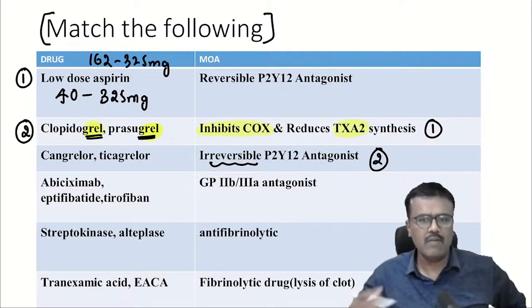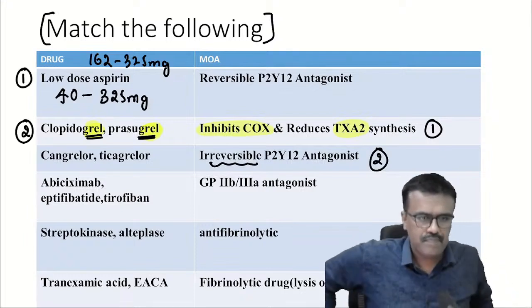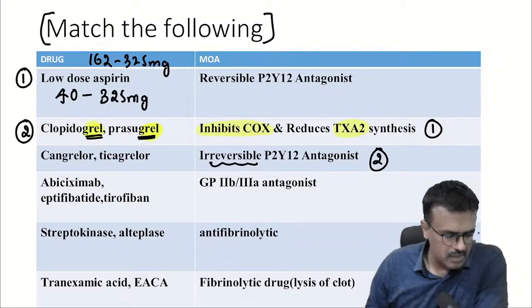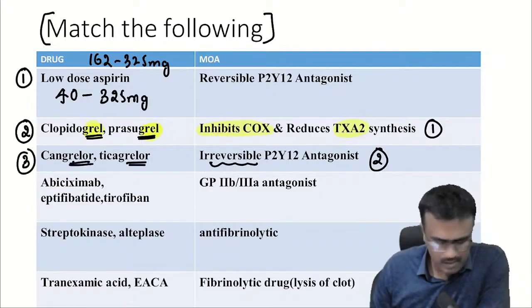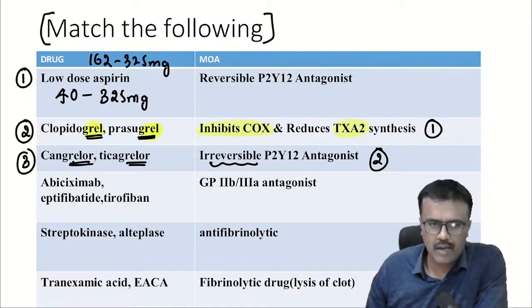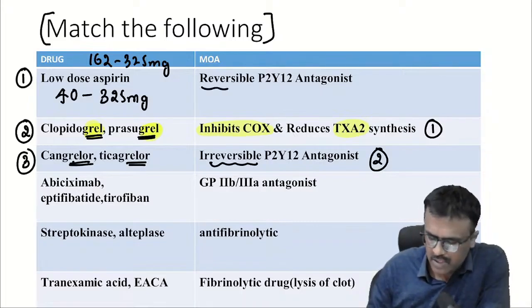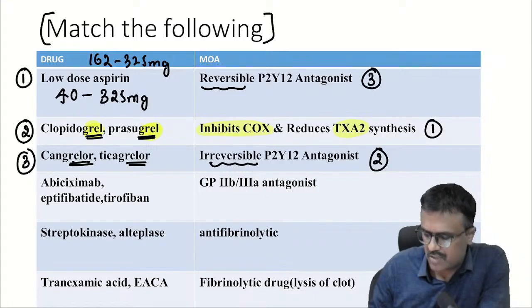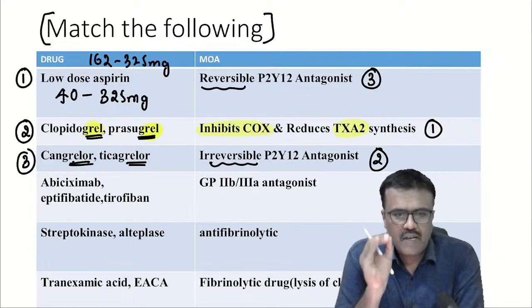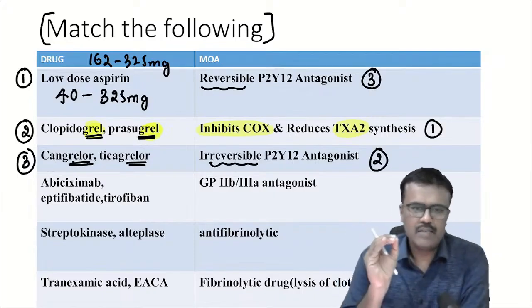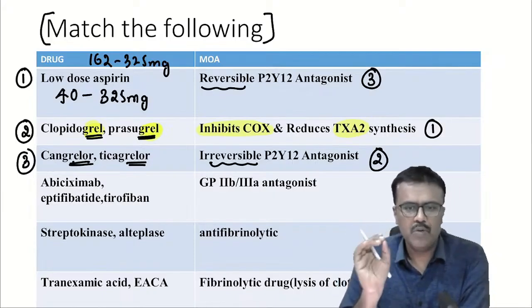That means they require activation, they take time. So then we came with the third concept, grelor. You add grelor: cangrelor, ticagrelor. They are reversible P2Y12 antagonists. So this confusion has to be avoided in the exam. Grels are irreversible, grelors are reversible P2Y12 antagonists.